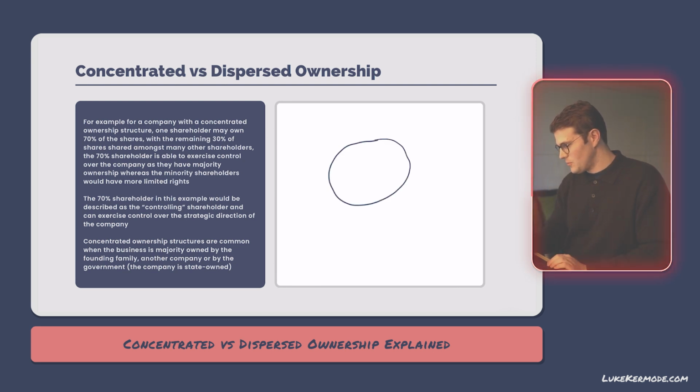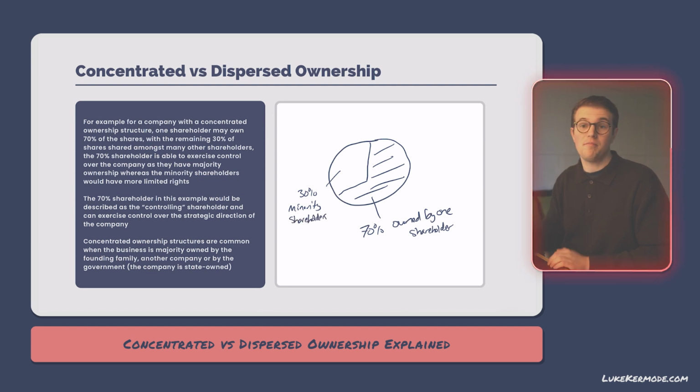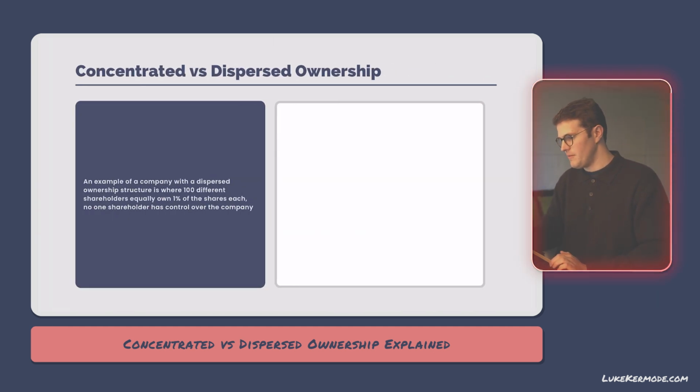So if we're looking at the ownership structure, we're basically saying that this 70% is owned by one shareholder, and then that shareholder has control over the strategic direction of the company, the selection of the board of directors, whereas the remaining 30%, which is owned by the minority shareholders, have much less say in terms of direction of the company because they don't have control of the firm.